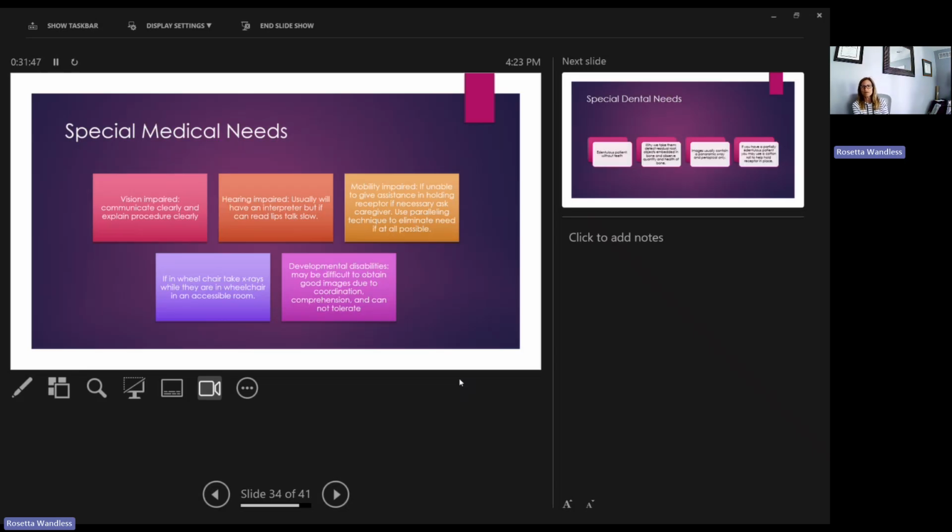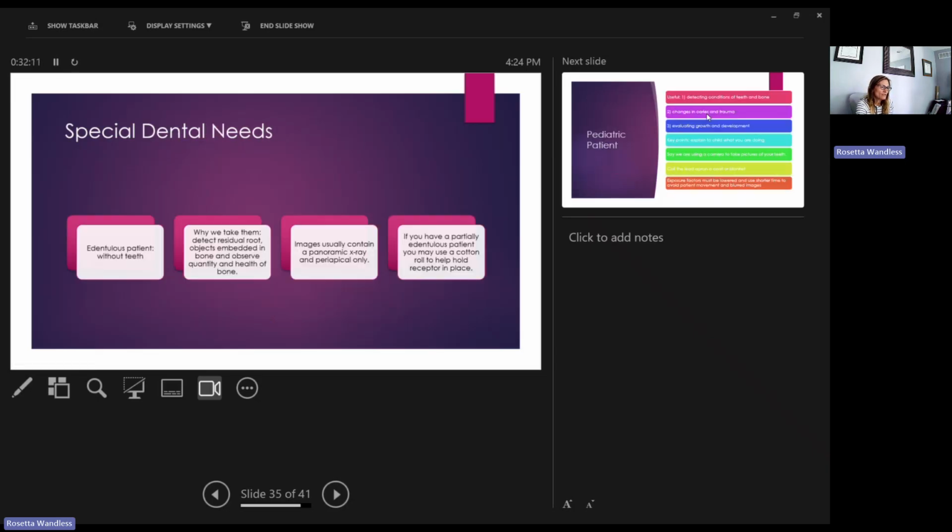With any developmental disabilities, it may be difficult to obtain good images due to their coordination, comprehension, and they basically cannot tolerate it. So we go by the provider's recommendations. If we try and are unsuccessful, there are other ways to go about taking pictures, and we have to discuss that with the provider to figure out what we need to do.